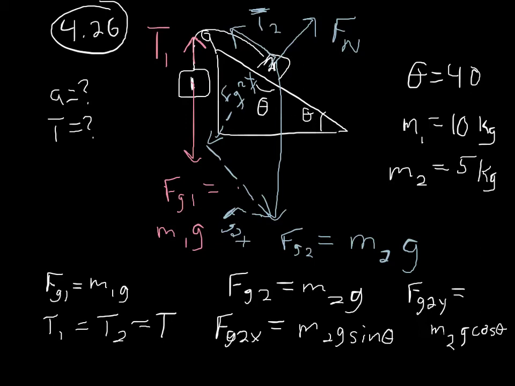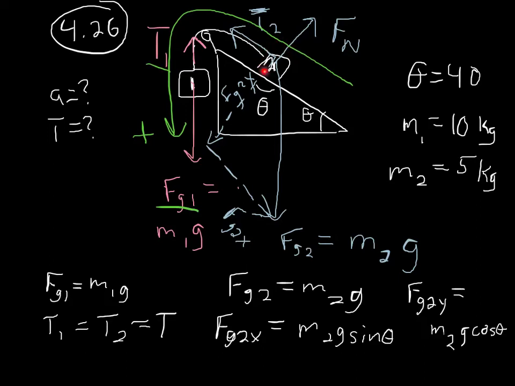Are they acting the same direction or different directions? Different directions. So I need to pick which direction I want to be positive and what direction I want to be negative. My tendency, I usually always go with sliding up and down this way being the positive direction. That make sense? Okay. So which one of these forces is going to be positive? FG1 or T1? FG1.